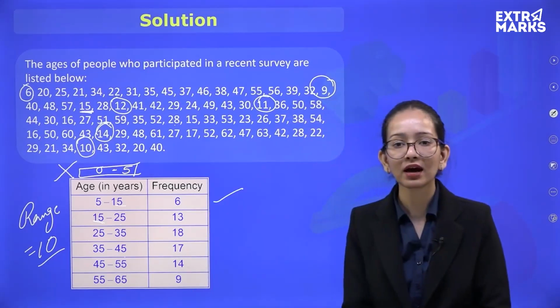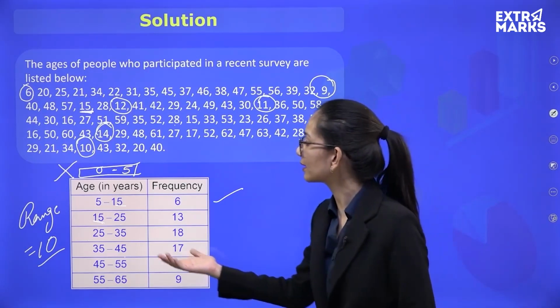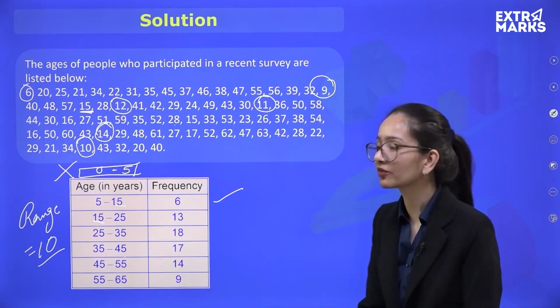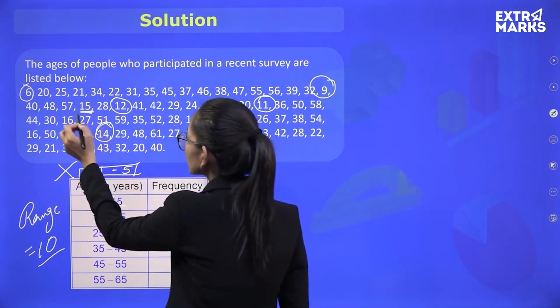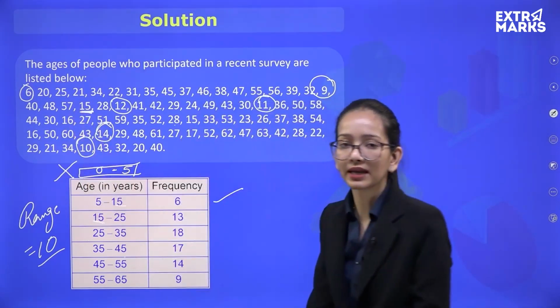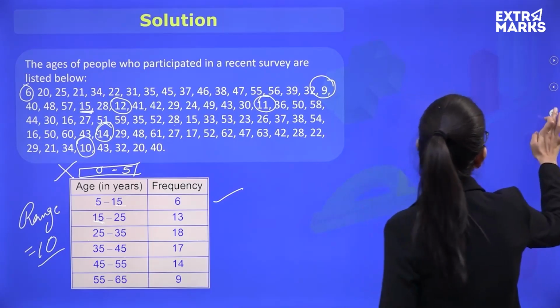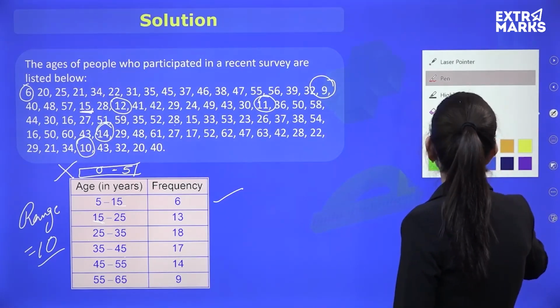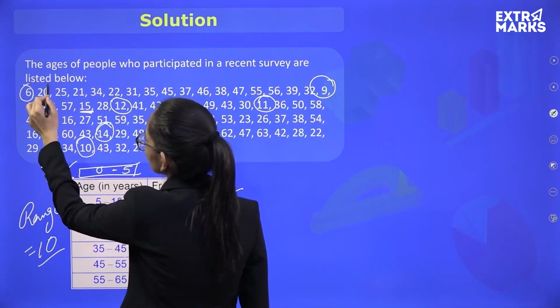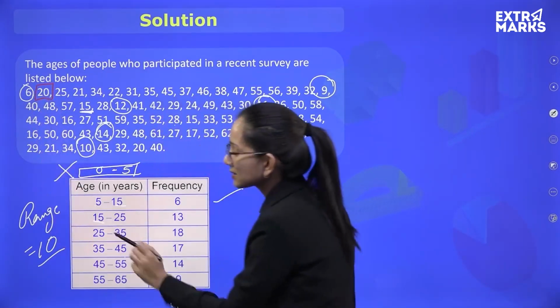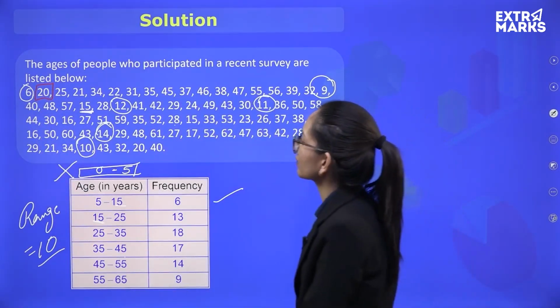After that, let's count how many people lie in the age group 15 to 25 years. Now, I will count this particular 15 in this age group. So, let's count now. Let me change the color of my pen. So, here 20. So, 20 will lie in the second age group 15 to 25.